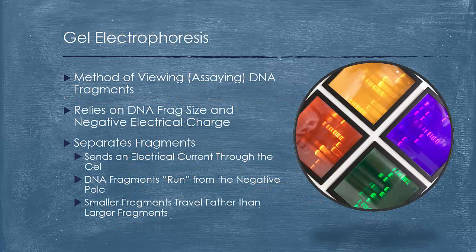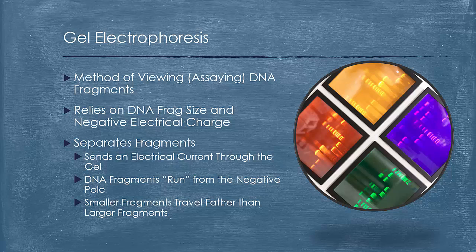All right, so after we have amplified our DNA fragments using PCR, we can use a tool called gel electrophoresis. This is a method of viewing or assaying DNA fragments. So it relies on the DNA fragment size and the inherent negative electrical charge to separate fragments. So essentially, it sends an electrical current through the gel.